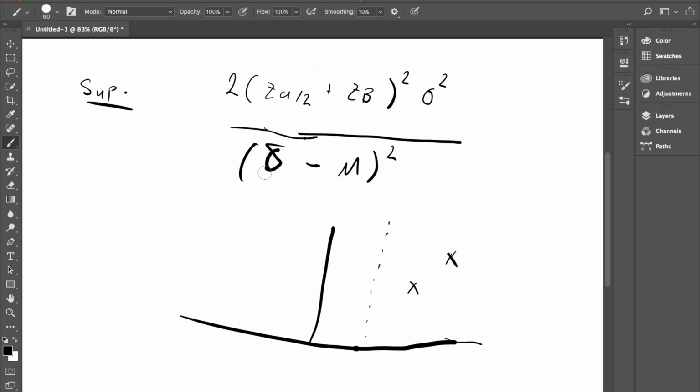This is my expected effect size, so let's look at this one first. Obviously, I'm going to take this value and subtract this value, and I'm going to get some sort of difference at the bottom. Oh, and I forgot to say that for all of these, the sample size is n per group. So this is the amount of people that you need per group.